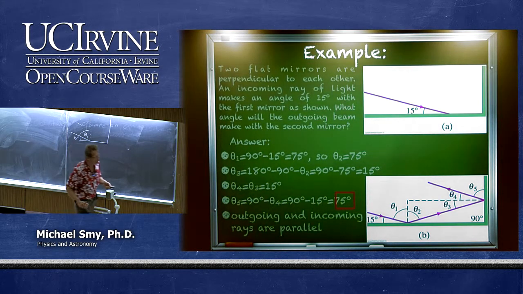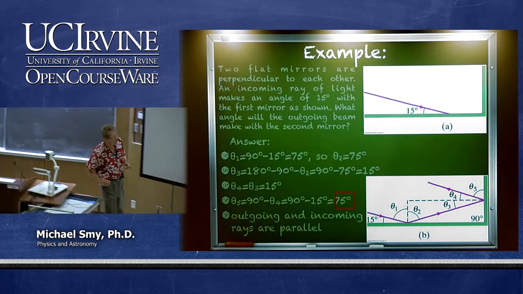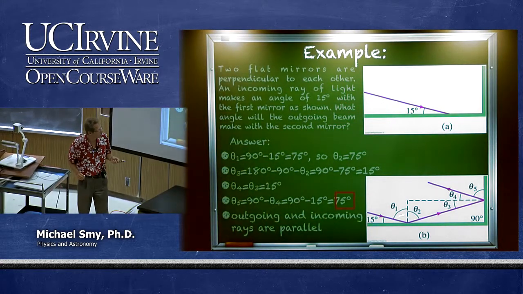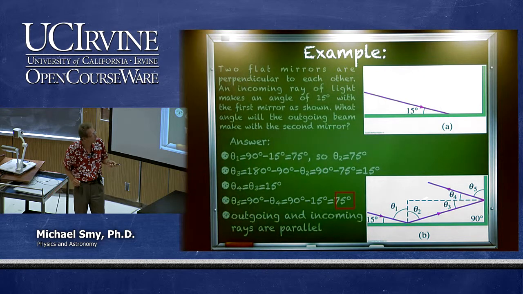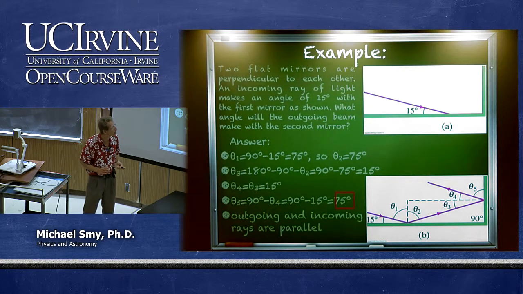Now, if we look at the bottom sketch, we of course know that the reflected ray has the same angle, theta 2, with respect to the normal. So theta 1 equals theta 2. But we can now also draw a triangle going from the first point of reflection to the second point of reflection and making a right angle here in the middle.